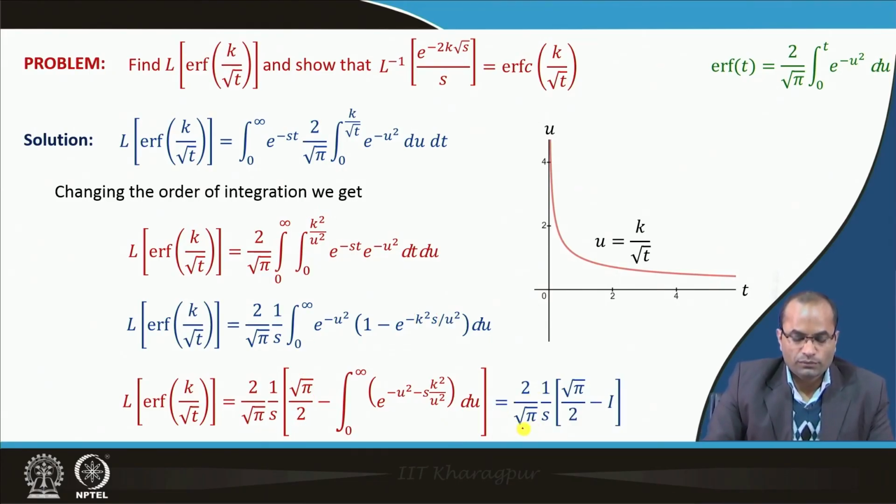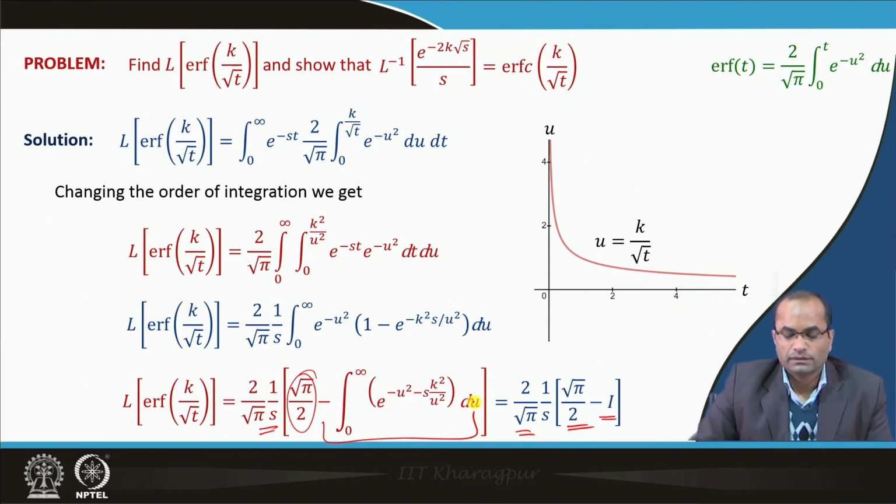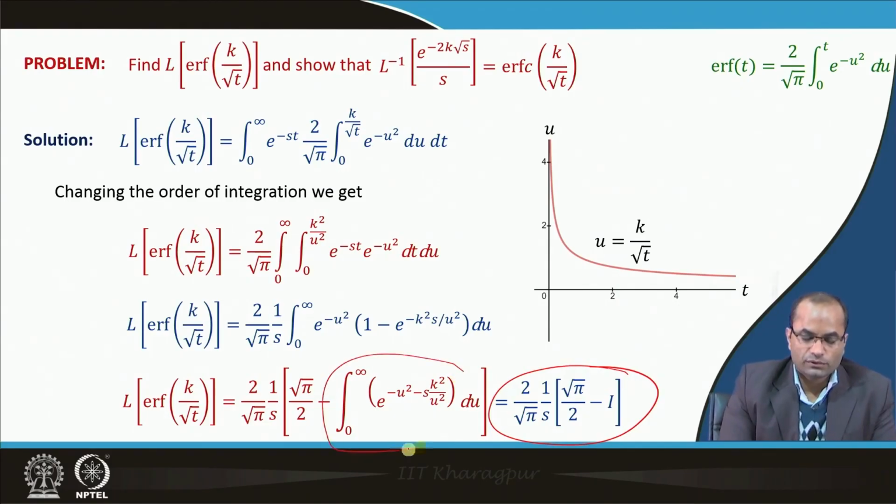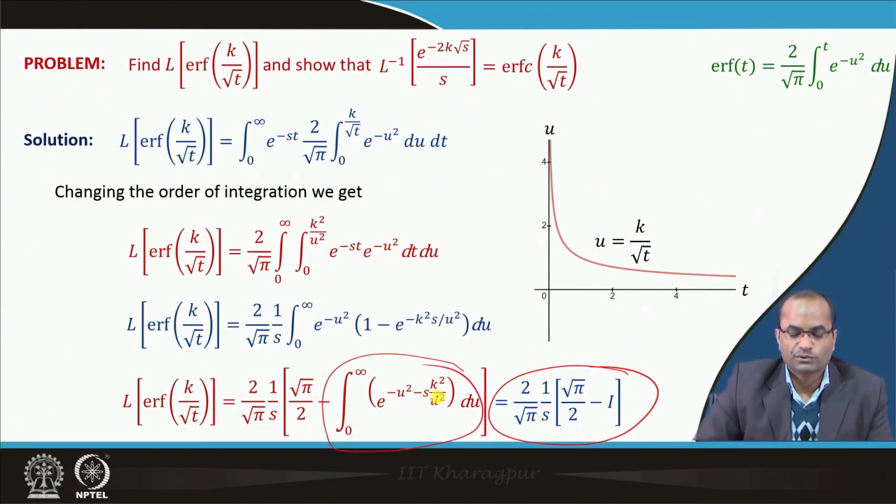So, 2 over square root pi 1 over s, we have here square root pi by 2, and then minus this is the integral I.